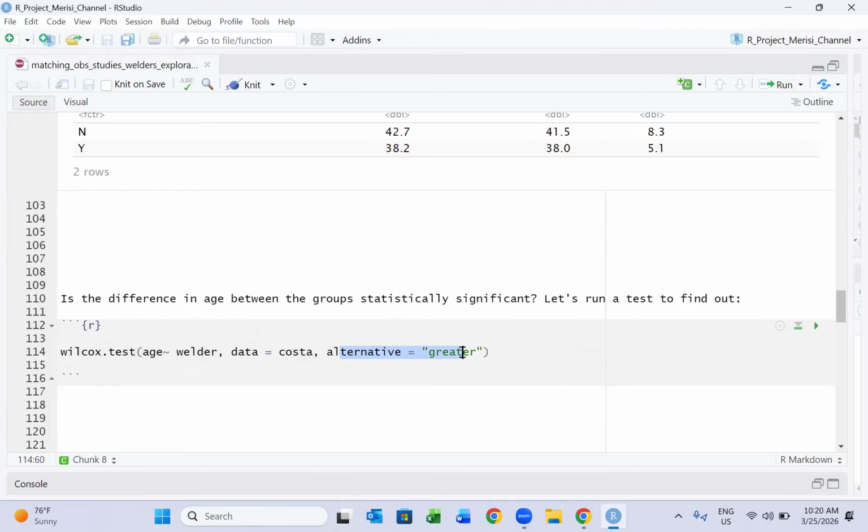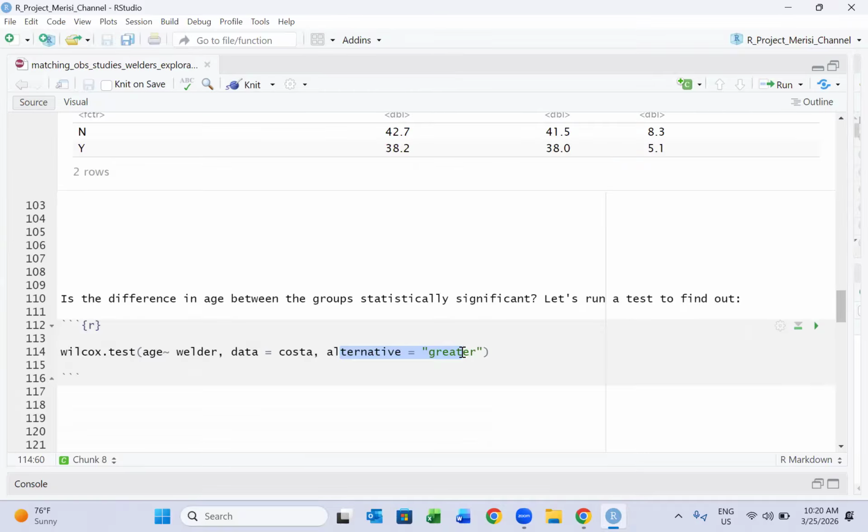Now, this is what you should notice, guys. Welders less than non-welders is the same as non-welders greater than welders, right? It is actually more convenient in this example to set the hypothesis like that, non-welders being greater than welders, okay? Because why?